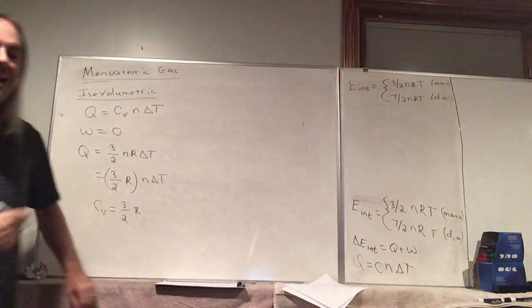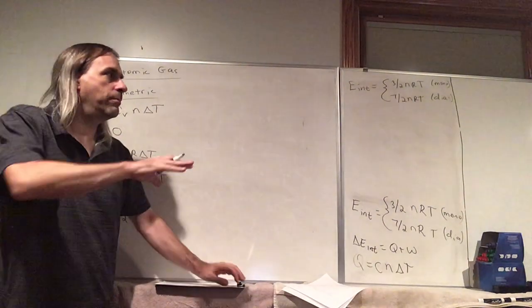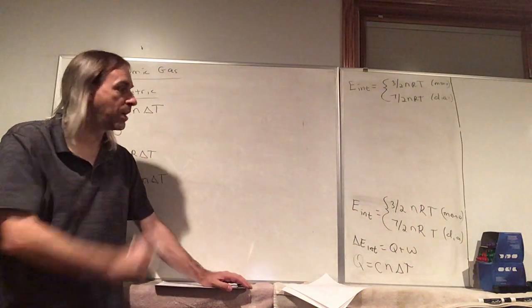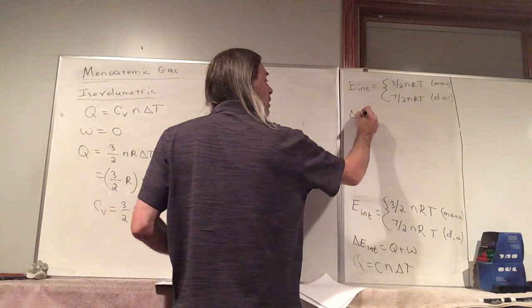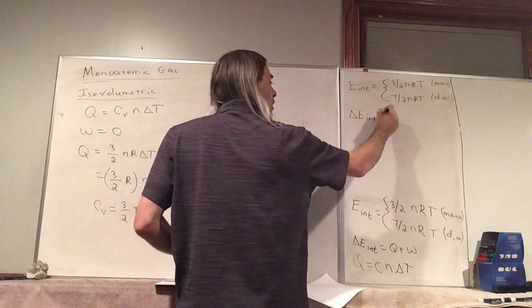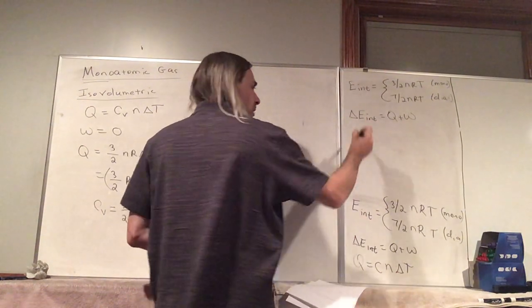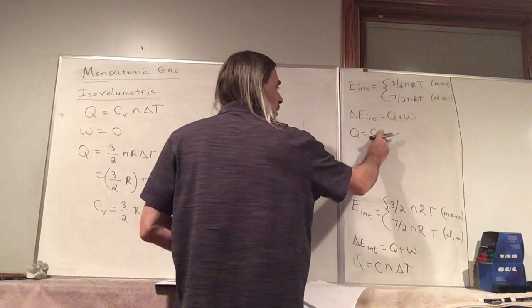So yeah, for monatomic and diatomic gases, just to note, these values are actually going to change later on. But for now, we're going to go with them. And then we have the first law. And then we have Q is Cn delta T.